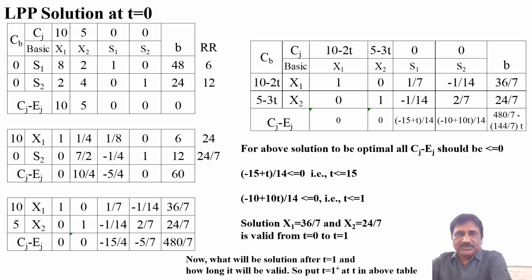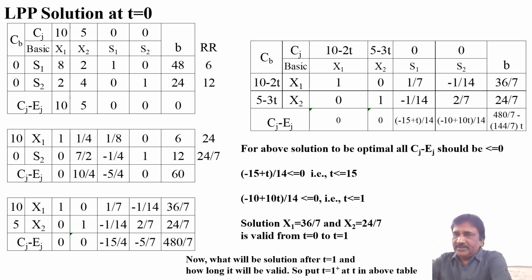So 0 minus, in bracket, (10 minus 2t) into 1 by 7 minus (5 minus 3t) into, in bracket, minus 1 by 14. I'll get this Zj. Similarly I'll get Cj minus Zj for S2.